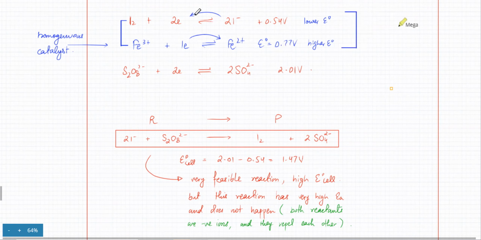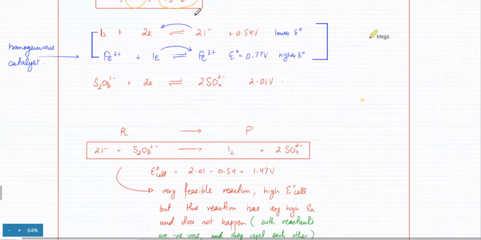And we can come up with the overall reaction that's going to happen. I need to make the number of electrons equal, so I would multiply this by 2, because iodine was losing 2 electrons, so Fe must be gaining 2 electrons. And I can come up with an overall equation by adding up the reactants.